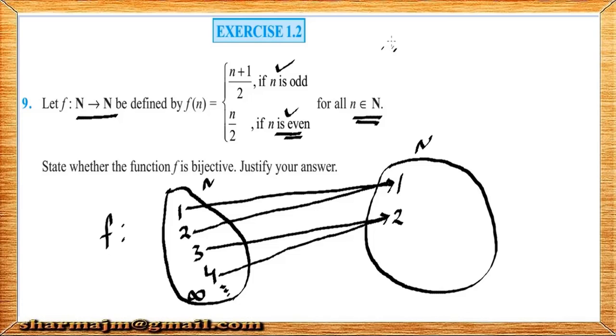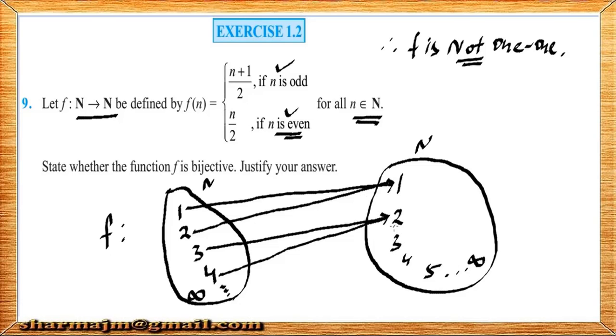So therefore, f is not 1 to 1. This function is not 1 to 1. It is many to 1 function. Now, if we observe, 1 is having its pre-images, 2 is having its pre-images, similarly 3, 4, 5 and so on up to infinity, they all have their pre-images.